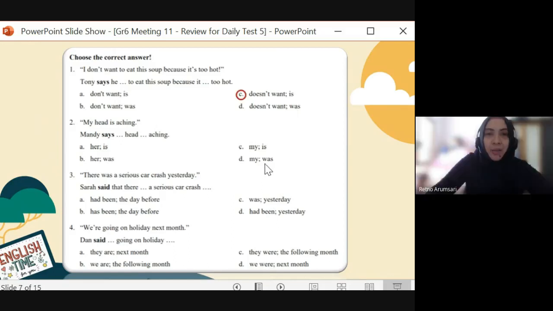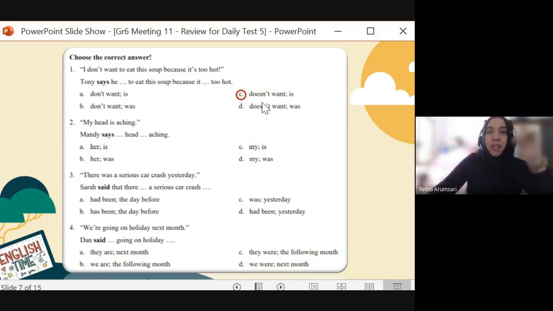Verb 1 stays verb 1, because the saying word is says. You don't change verb 1 into verb 2.